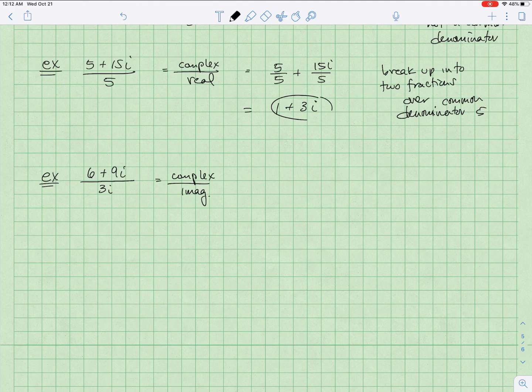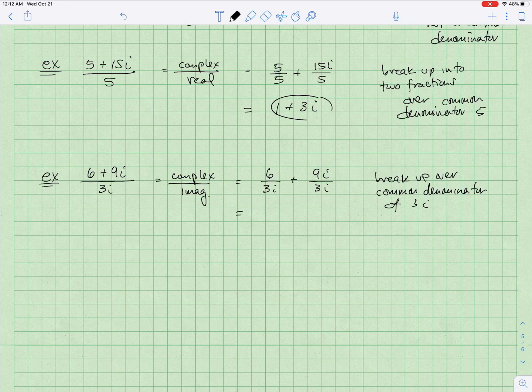What we need to do here is we can actually break this one up as well, although it's a little bit more complicated. This is 6 over 3i plus 9i over 3i. So we're going to break up over a common denominator of 3i, and we can try to simplify.